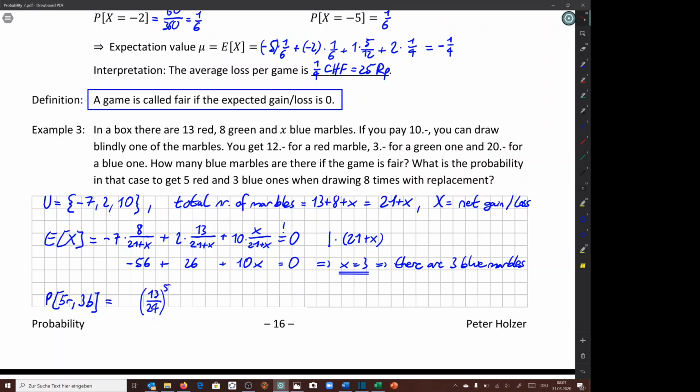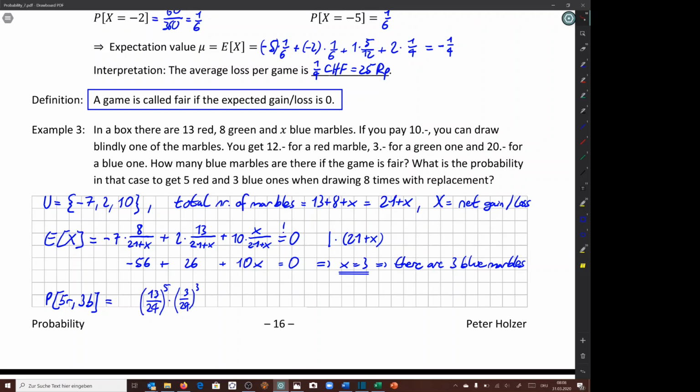The probability that the first 5 marbles drawn are red is 13 divided by 24 to the power of 5. The probability that then the next marble drawn is blue is 3 divided by 24, and the probability that the next 3 marbles will be blue is 3 divided by 24 to the power of 3, and we have to multiply these probabilities. This is now the probability for getting first 5 red and then 3 blue marbles.